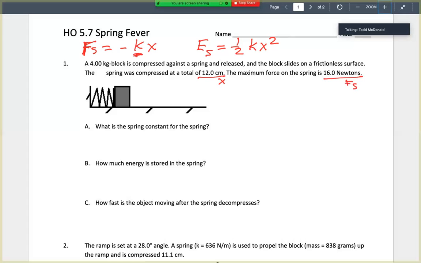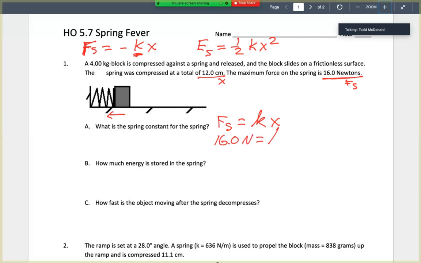So the first question here is, as we push against and compress that spring, what is going to be the force of the spring as it compares to the K value? So the force of the spring is equal to K times X. We're going to drop the negative sign. Don't really spend a lot of time worrying about it. We know that the force on the spring is going to be 16 newtons.